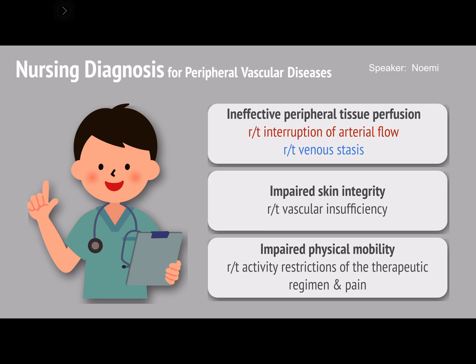For PVD, we have ineffective peripheral tissue perfusion related to venous status. The next two nursing diagnoses apply to both PVD and PAD. Impaired skin integrity related to vascular insufficiency, and lastly, impaired physical mobility related to activity restriction of therapeutic regimen and pain.